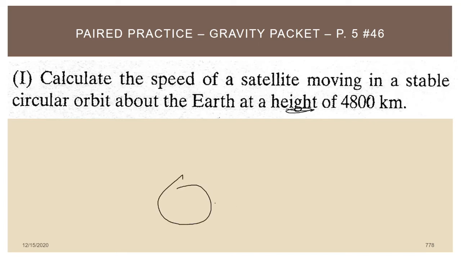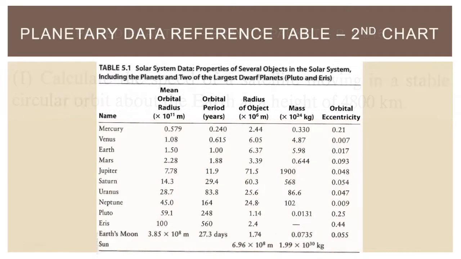So again, it's very important for everybody to realize here, when they tell you the height, what they are telling you is there's the surface of the Earth. This object is 4,800 kilometers above the surface of the Earth. And so when you're going to write down your list of knowns here, you're going to write it down like this. So we'll say here first, we got to look at this chart because we need information about the object being orbited.